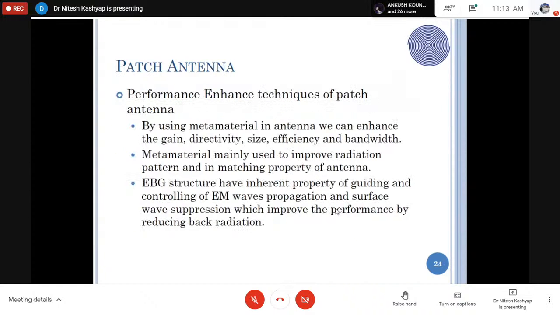There are some very popular techniques, and these are metamaterials and EBG basically. By using metamaterial in an antenna, we can change the gain, directivity, size, efficiency, and bandwidth.